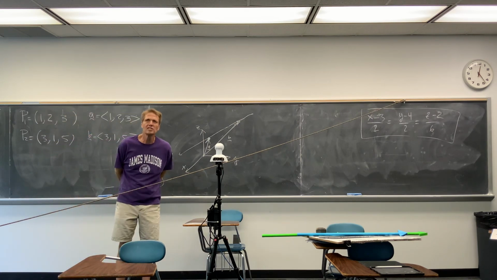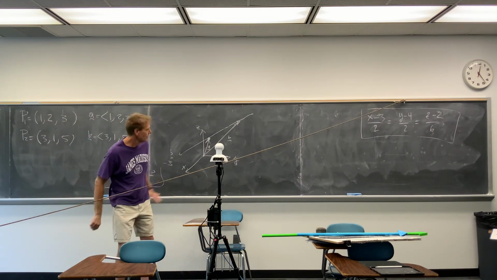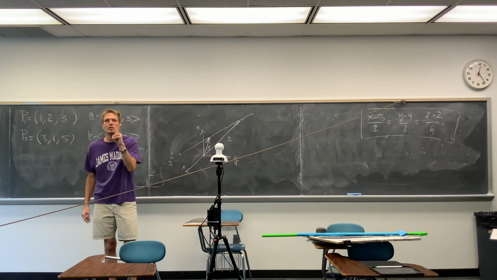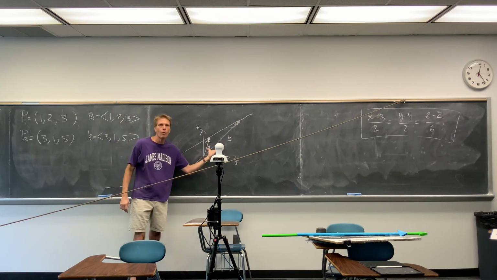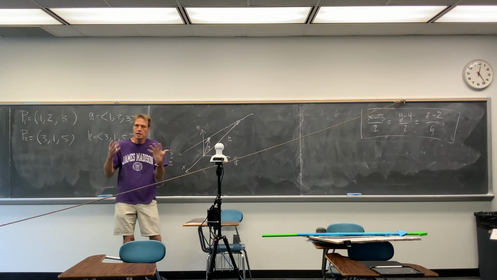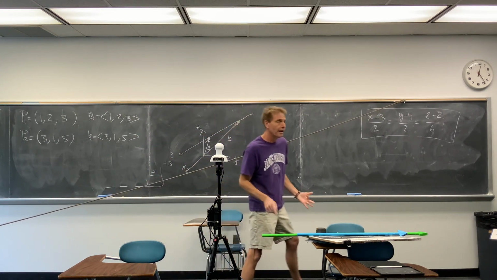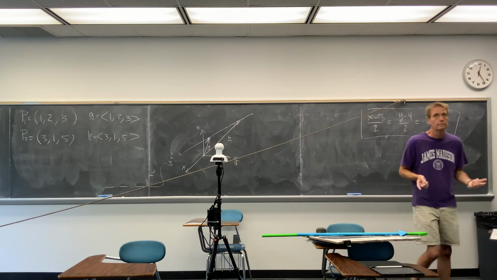Look at the drawing. How many people can visually see a way to get a direction vector? If you have 2 position vectors, can anybody think of a way, geometrically, using what we've invented in vector analysis, that we could find a direction vector that would lie on the line?